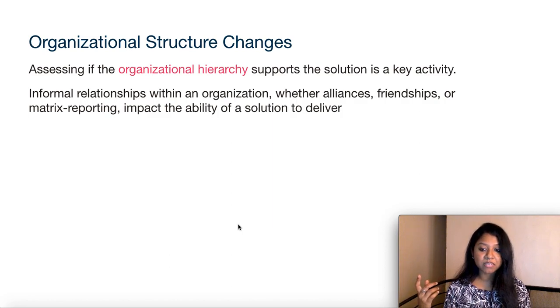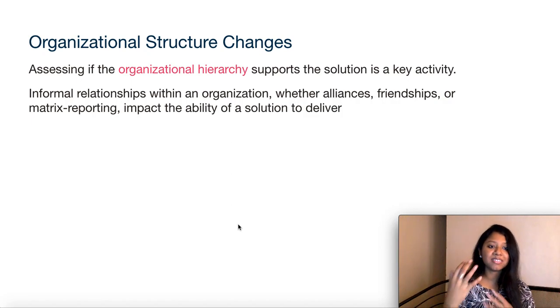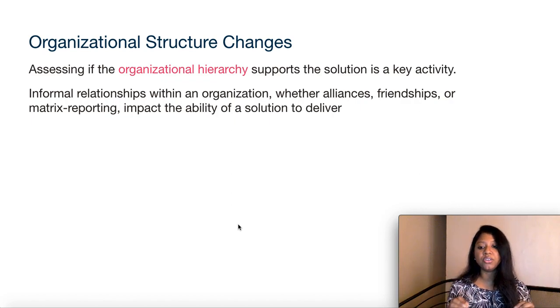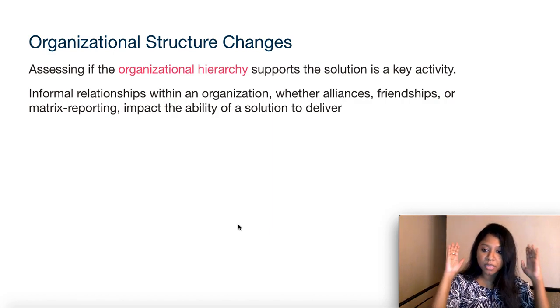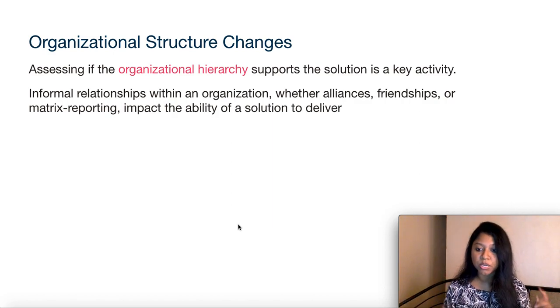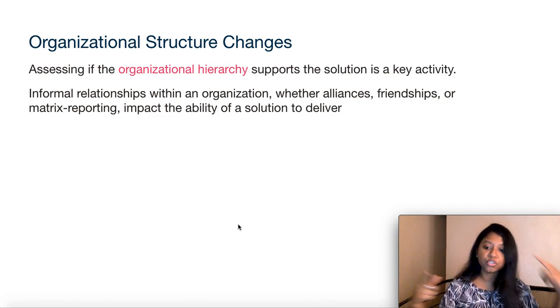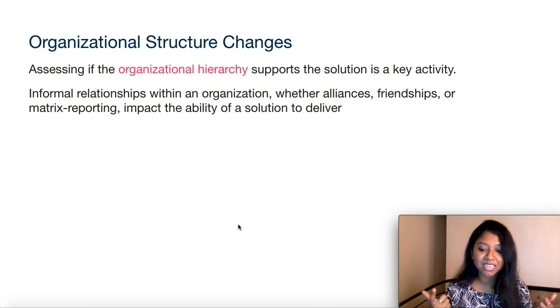For example, in cases where there are very informal relationships, it could be an alliance, a general friendship, or certain norms of the organization. Generally, when there are informal relationships in the organization, it could impact the solution, because you would have developed a solution keeping in mind all the formal relationships. So whenever these structures keep changing, it could potentially create an impact on the solution.